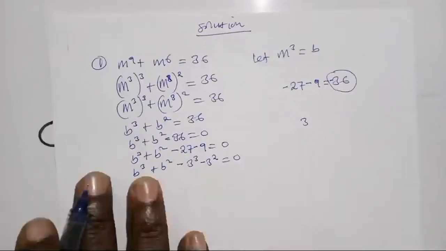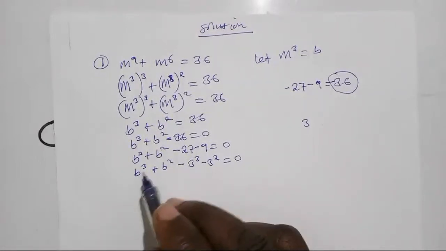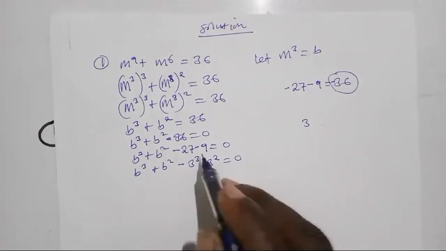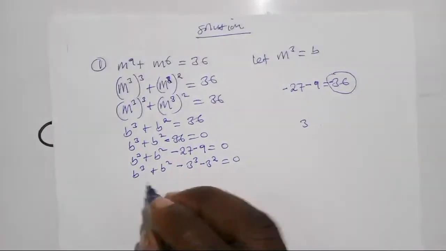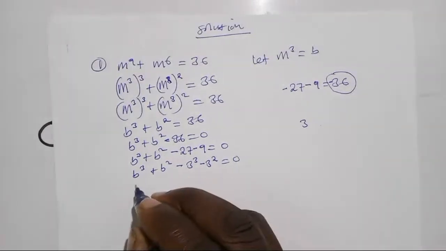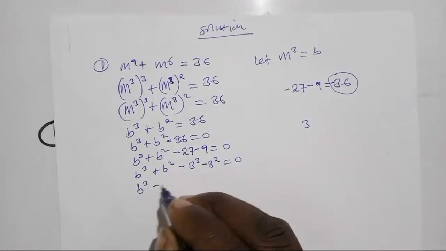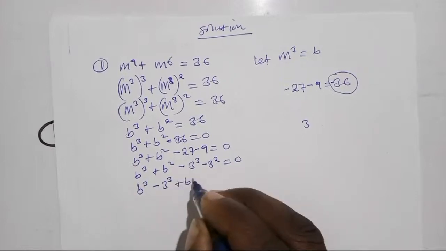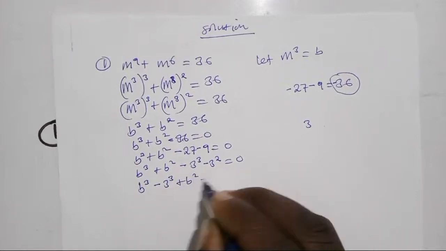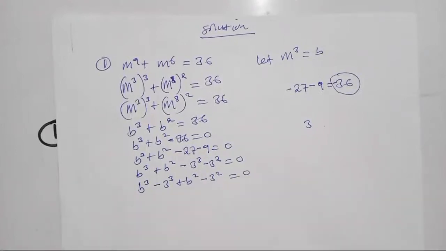So now if you can see, there are numbers which have got the same power, b power 3 and 3 power 3. So we are going to group them, in which it will be b power 3 minus 3 power 3, then plus b squared minus 3 power 2, which is equals to 0.